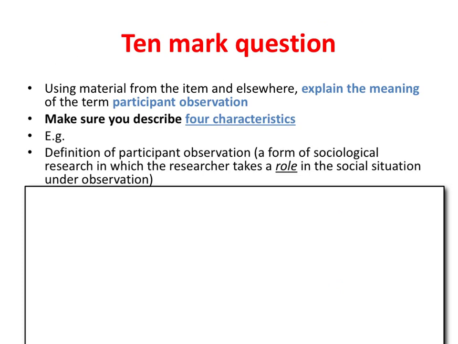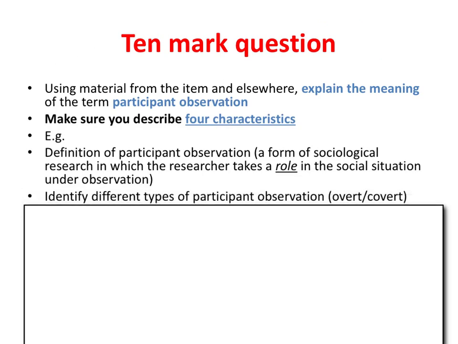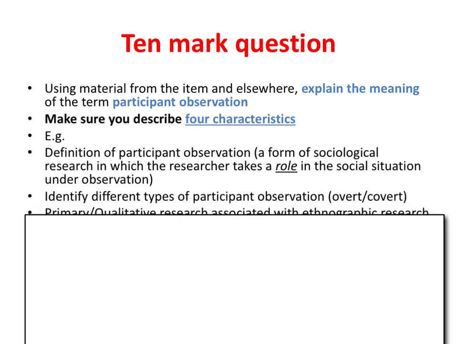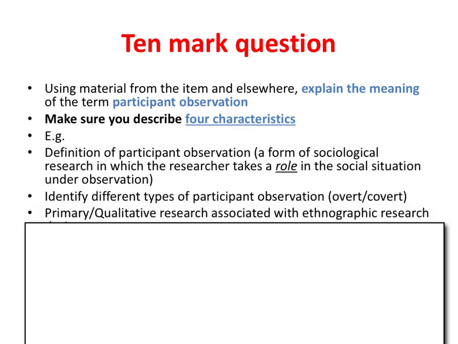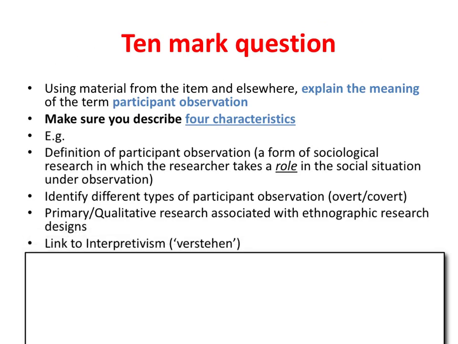We could make a distinction between overt and covert participant observation. We could describe the type of data that this method produces. It's a primary method that produces qualitative data. It's linked to ethnographic research designs. We could link this method to theory by explaining the link with interpretivism and Weber's concept of Verstehen.